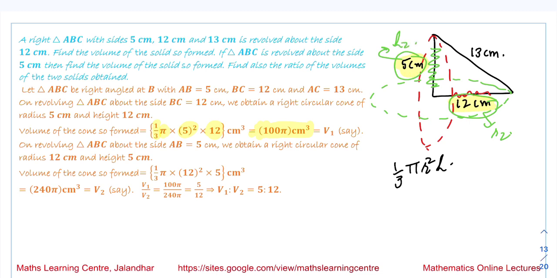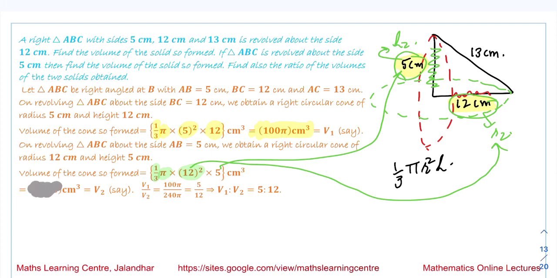In this case again we will have the formula 1 by 3 pi r square h, where the radius is 12 centimeter and the height is 5 centimeter. So the final answer we will get on solving this is 240 pi centimeter cube, and this is the volume of the second cone. We have to find the ratio of the volumes of the two cones. So it is V1 by V2 we are talking about.